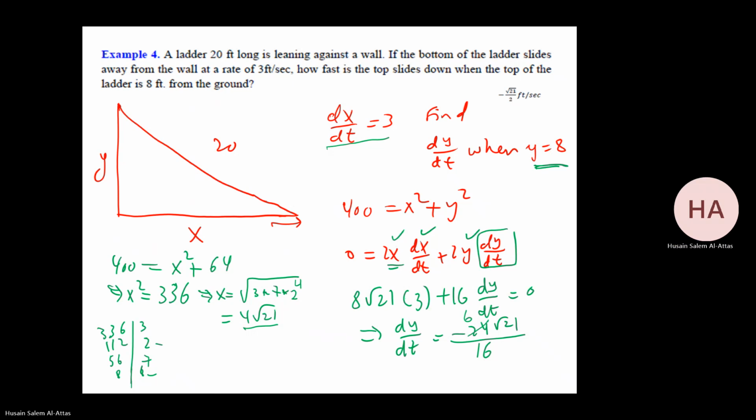Maybe there's a mistake somewhere. Let me say over 8. So it's minus 3 square root 21 over 2. So there is a 3 missing here. The answer is correct. Okay.